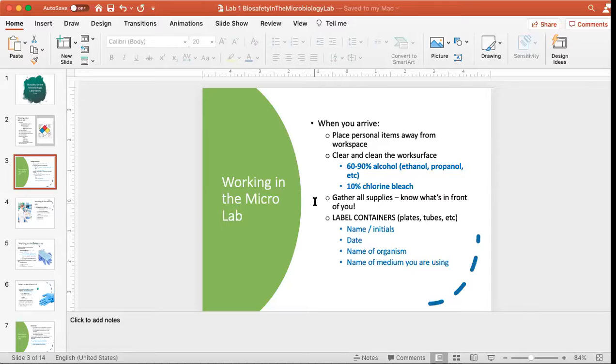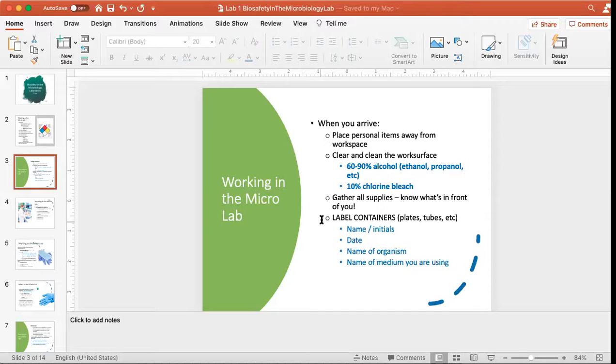And it interrupts you. It may actually ruin the experiment. It means you're going to have to put things down and go get something, and it's just bad practice. So we always gather everything that we're going to need before we start working.